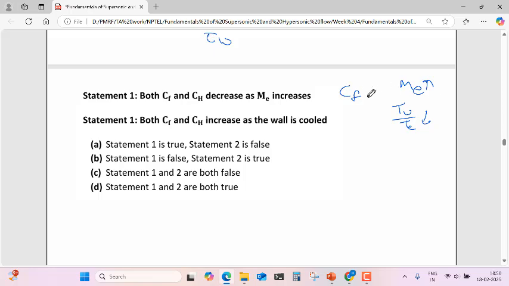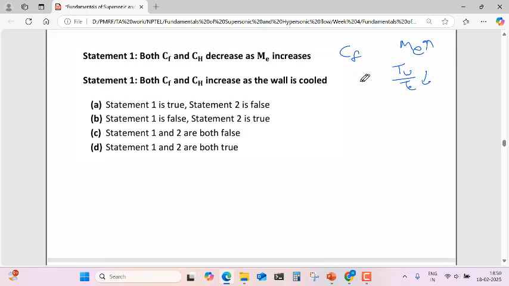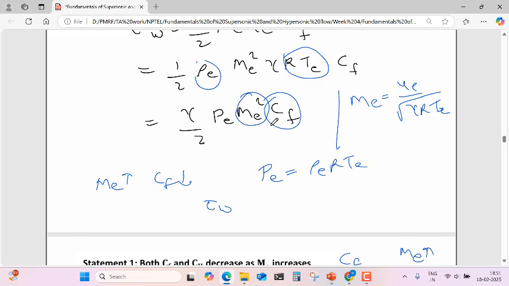What will happen to Cf if Mach number increases? I told just before, if Mach number increases, what will happen to Cf? Cf will decrease.